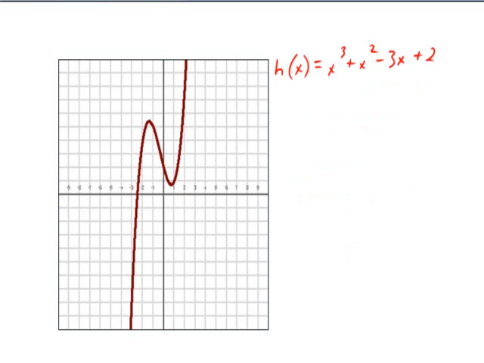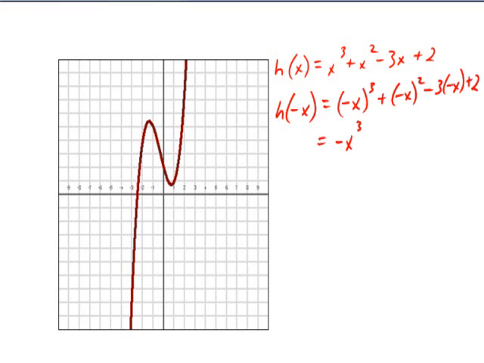Let's evaluate h of x, or evaluate the function h at negative x, replacing all the x's with a negative x. Simplify. Negative x quantity cubed is negative x cubed.